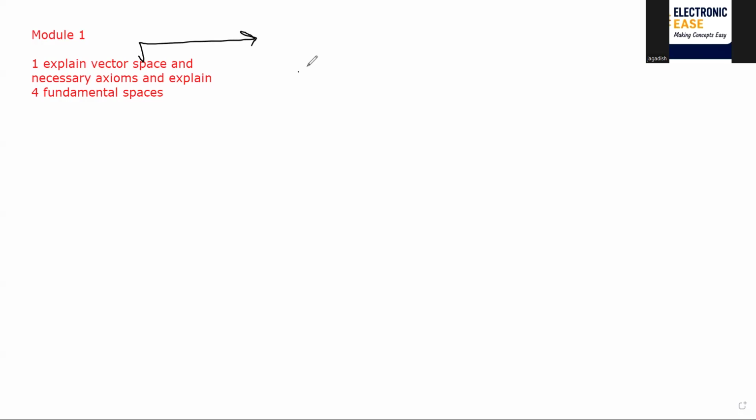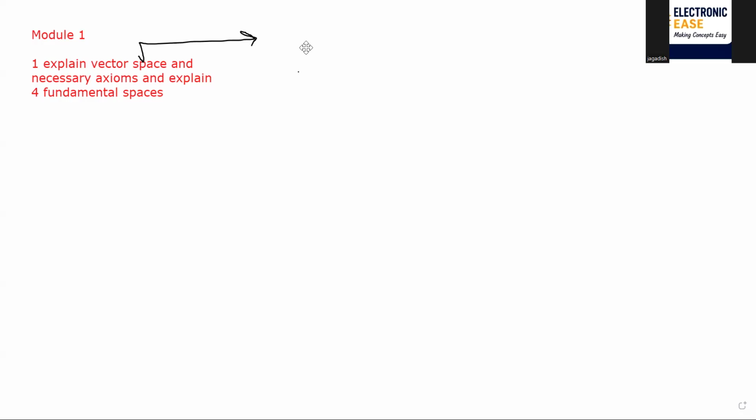Can you even tell? The sum of u and v will be u plus v, which is equivalent to w. So u plus v is equal to v plus u. That is the closure property.